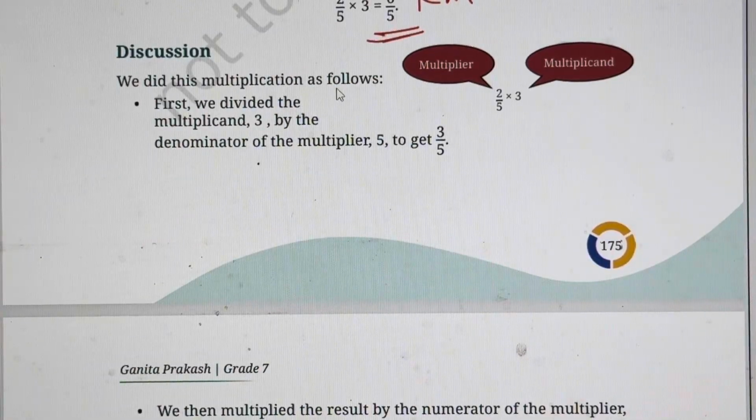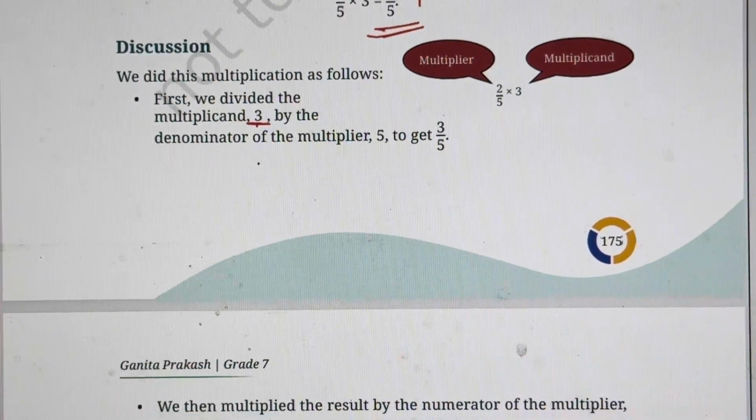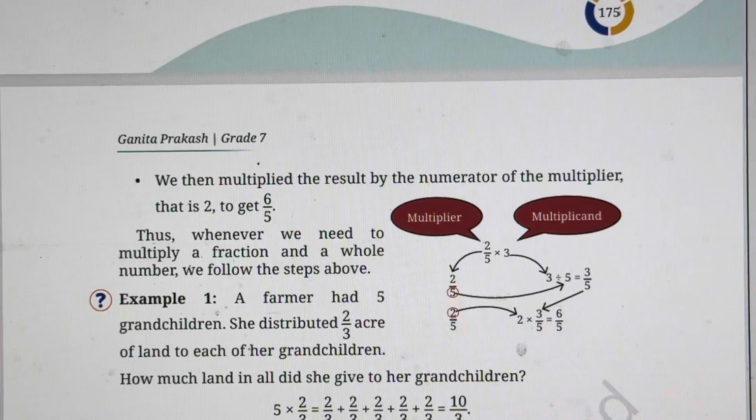So we did this multiplication as follows. First we divided the multiplicand 3 by 5, the denominator of the multiplier, to get 3 upon 5. We then multiply the result by the numerator, that is 2. So you get 6 upon 5.